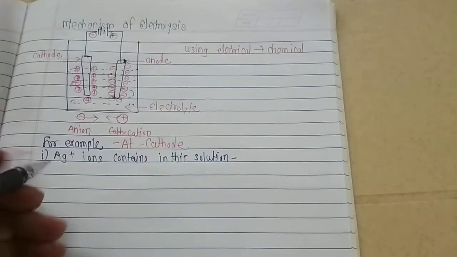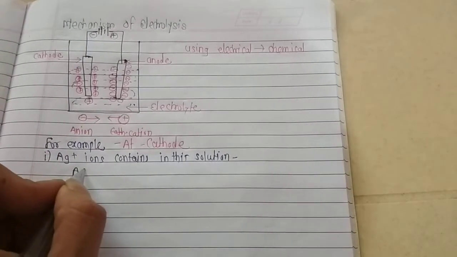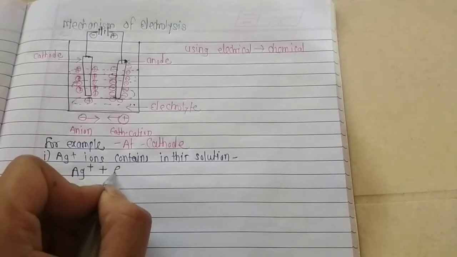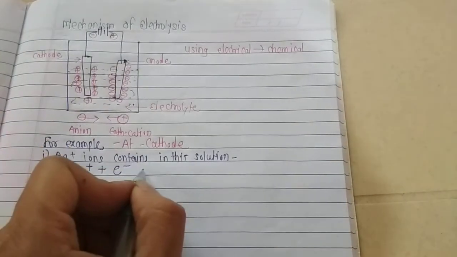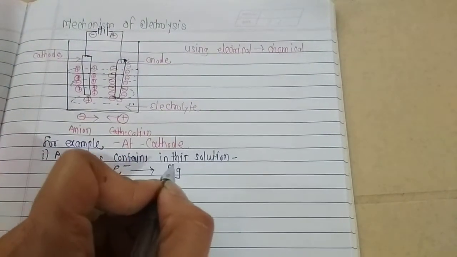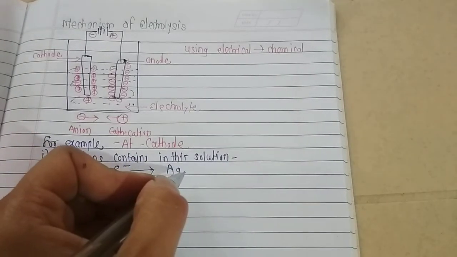Okay, cathode. So what happens here? The cathode is the negative end. Therefore, the Ag+ ions go towards the cathode. They gain electrons from the negative cathode and form Ag atoms. So Ag+ ions are converted to Ag atoms.